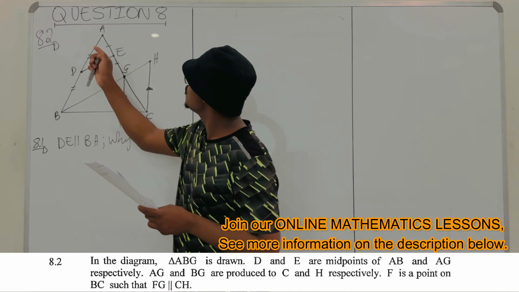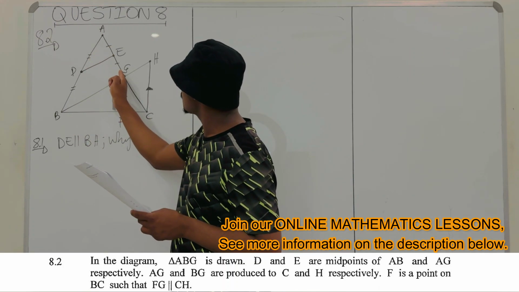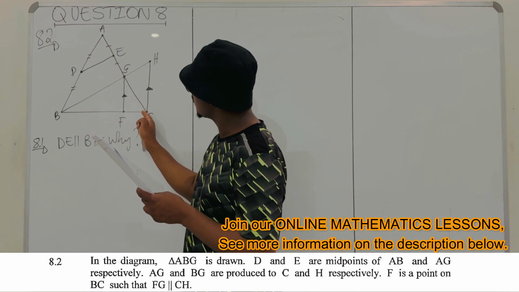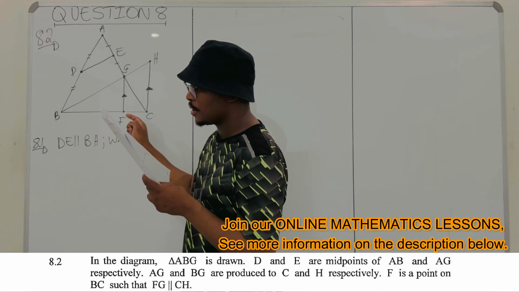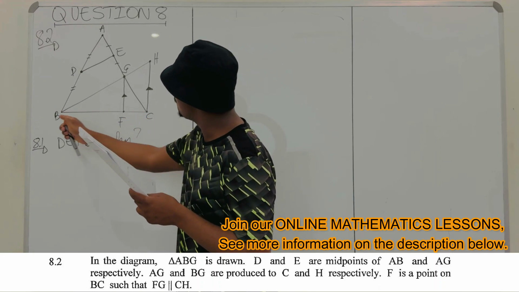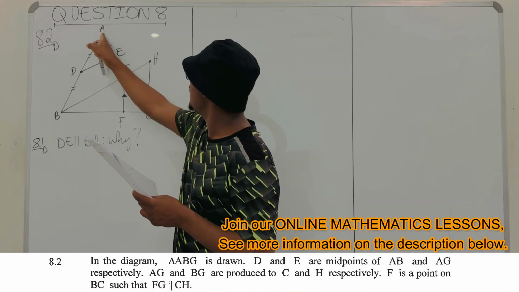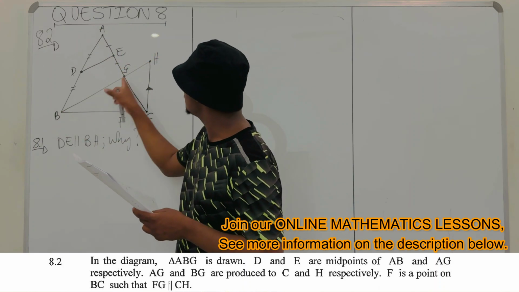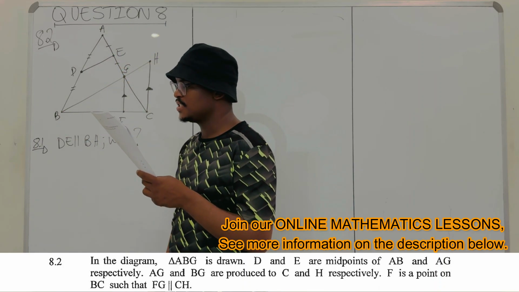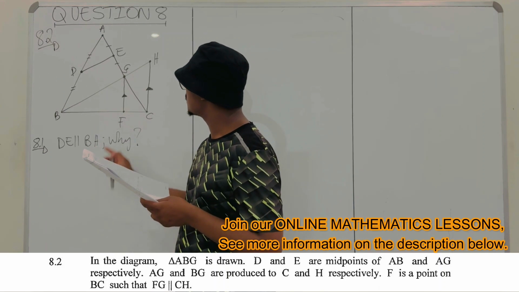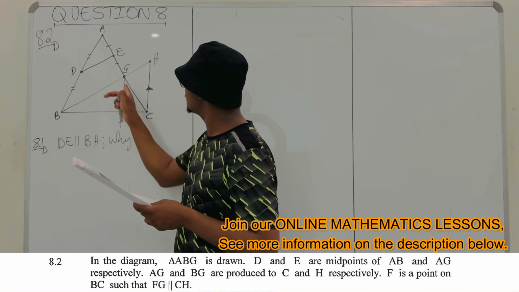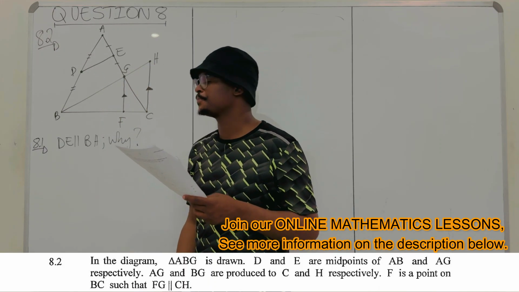So your AG is produced to C, and your BG is produced to H. So your AG is extended to C and your BG is extended to H, right? They're saying now F is a point on BC such that FG is parallel to CH. So there's a point F here such that your FG is parallel to CH, as you can see over there.